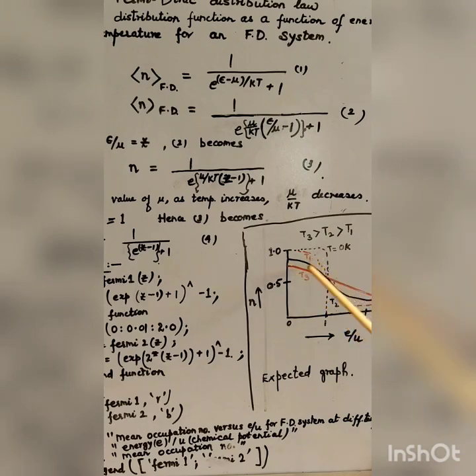And again, if we increase that to T3, then we get a graph even more inclined, and so on and so forth. That means the greater the value of the temperature, the further the graph moves away from T equal to 0 and becomes more and more winding. So this is the graph, the Fermi-Dirac distribution law, that we should be able to draw with the help of Scilab.